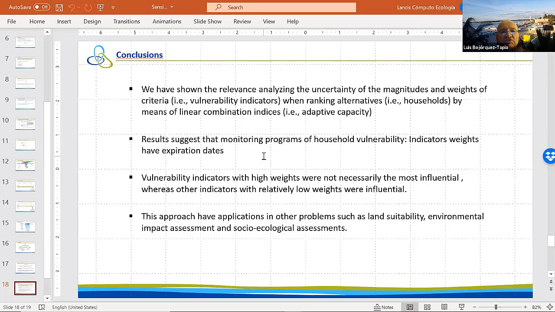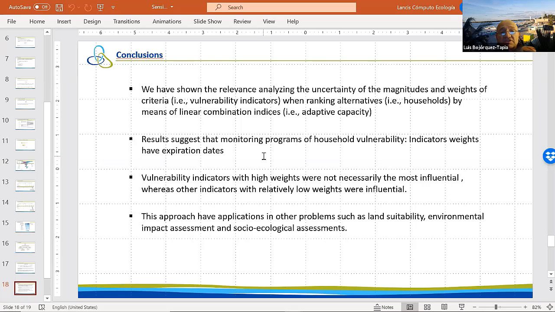What we have shown is the relevance of analyzing uncertainty of the magnitudes and weights of the criteria when ranking the alternatives, in this case each household, when linear combination techniques are used to evaluate adaptive capacity and, by the way, vulnerability to climate change or food insecurity as well.